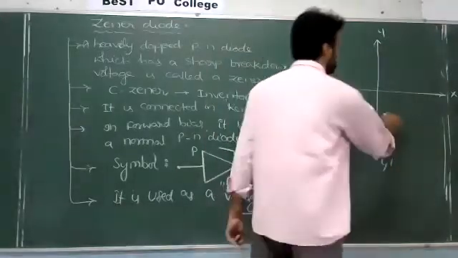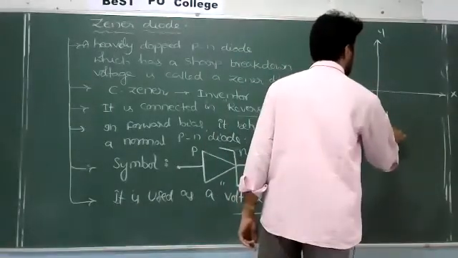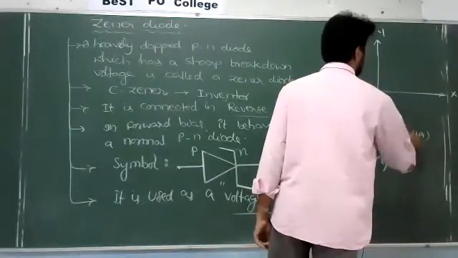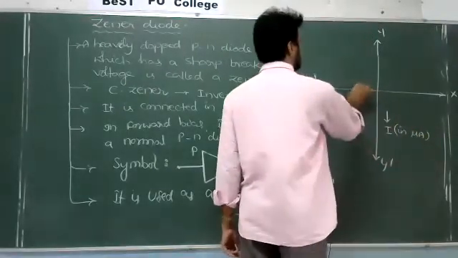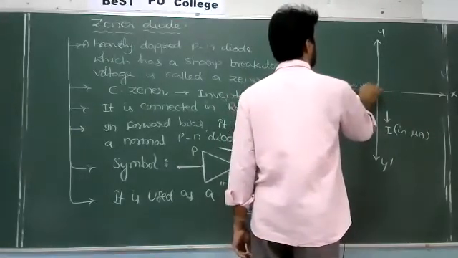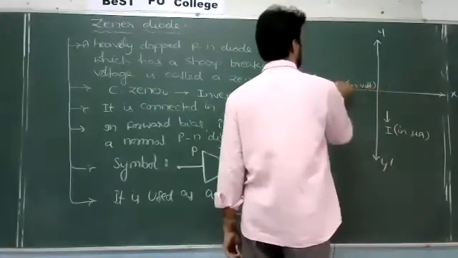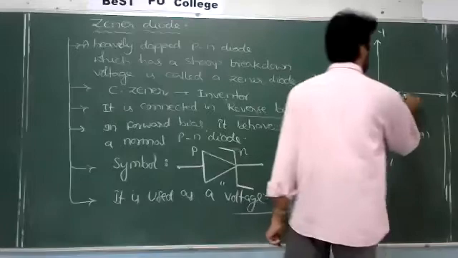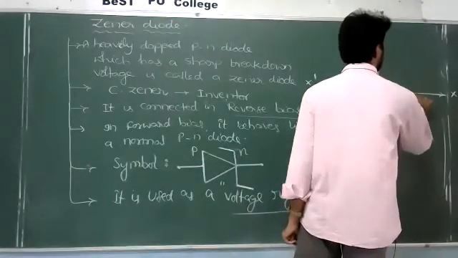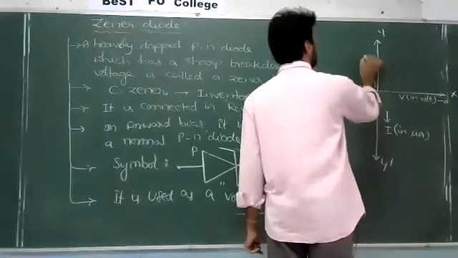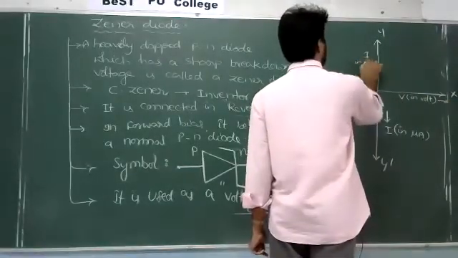On the y-axis we take current I in microampere, generally a small current. On the left side we take the potential difference V in volts. The right side is the same: potential difference V in volts. Here also it is current I in milliampere.